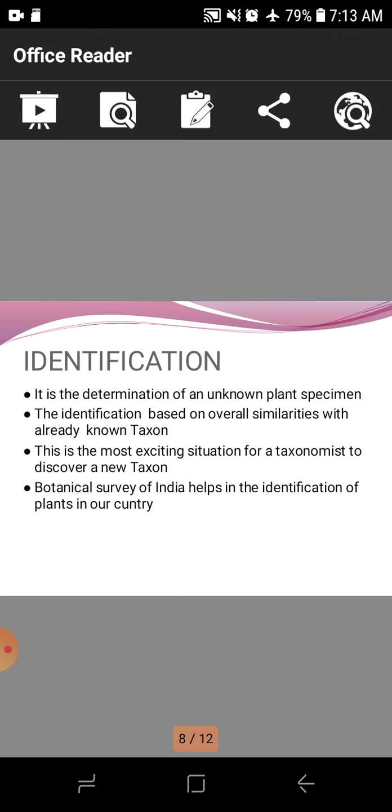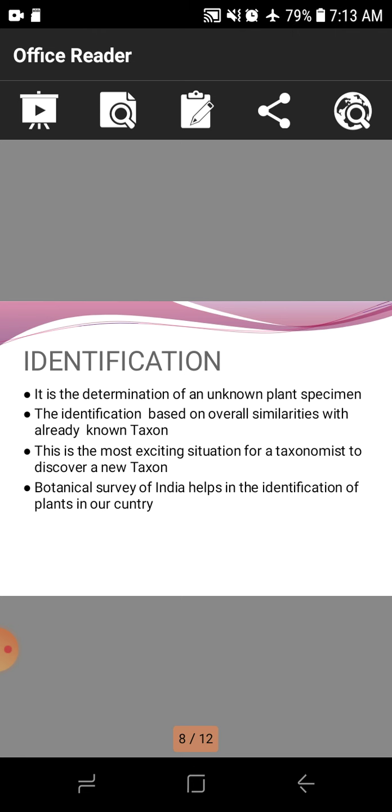It is generally made by comparing the characters of the plant with an herbarium specimen or indirectly with the help of literature. Generally, the characters derived from gross morphology are sufficient for provisional determination.